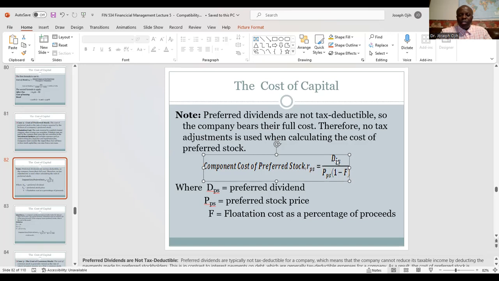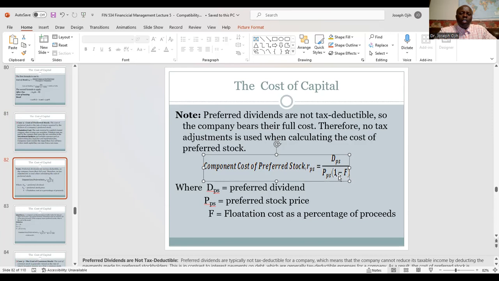So RPS equals DPS over PPS times 1 minus F, where DPS represents the preferred dividend, PPS represents the preferred stock price, and F represents the flotation cost. Note that 1 is part of the formula.